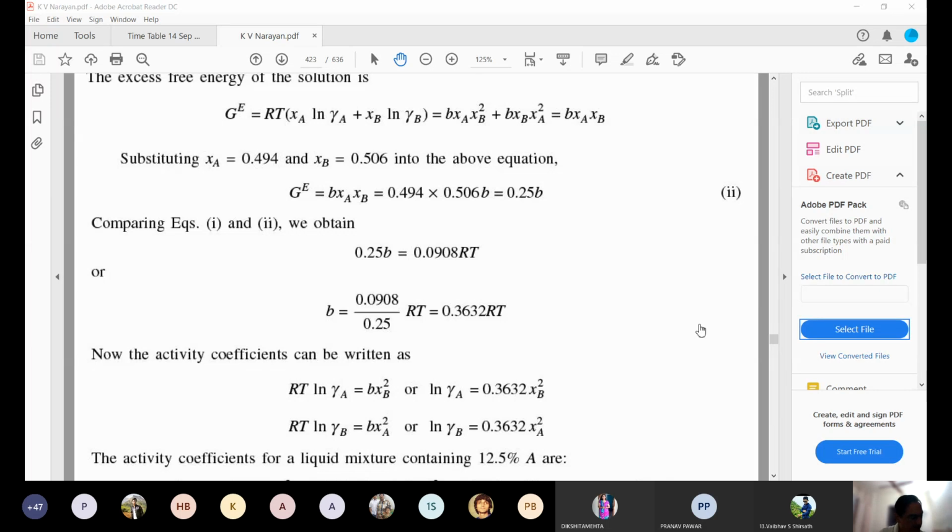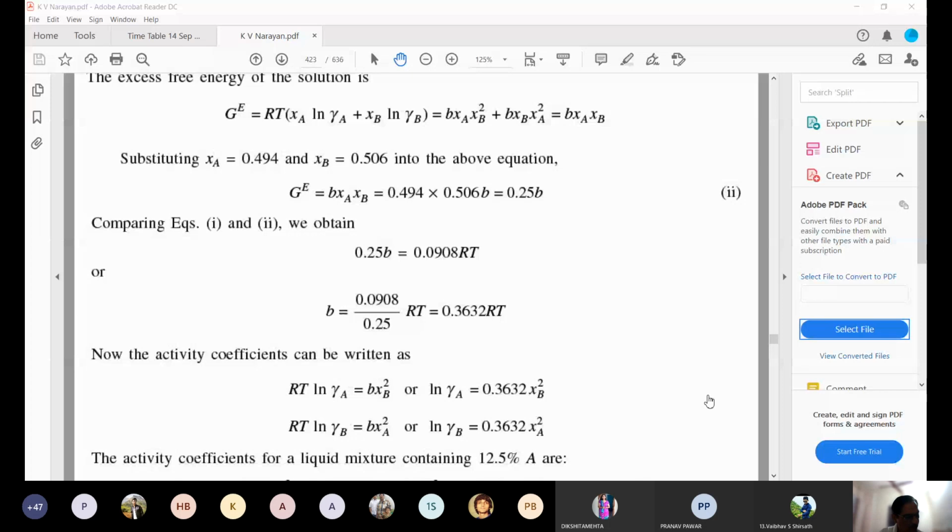Once you finish calculation of gamma A, gamma B, raise your hand. Yes, Siddhi, what is the value of gamma A and gamma B?